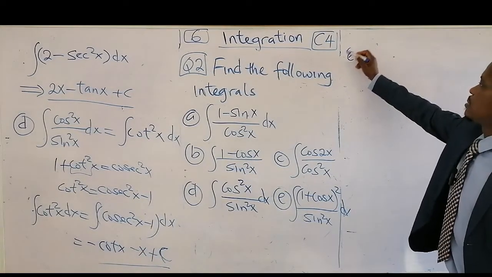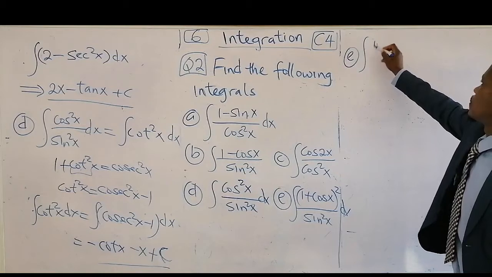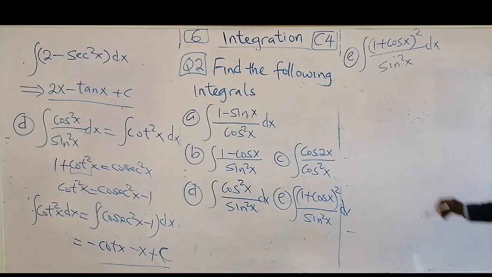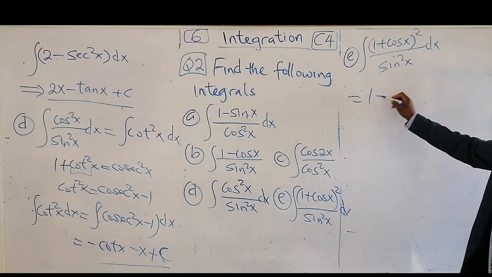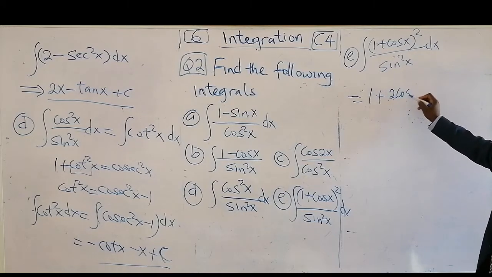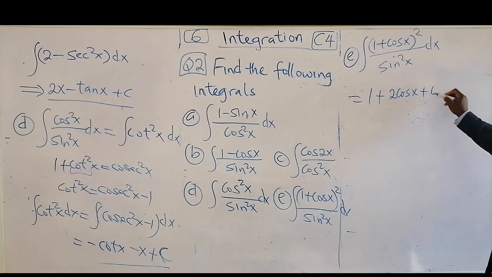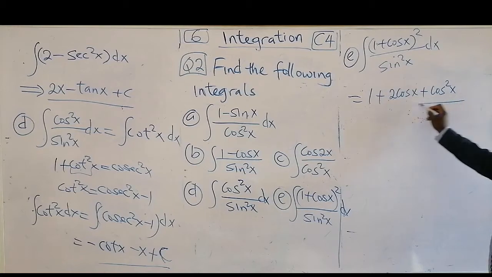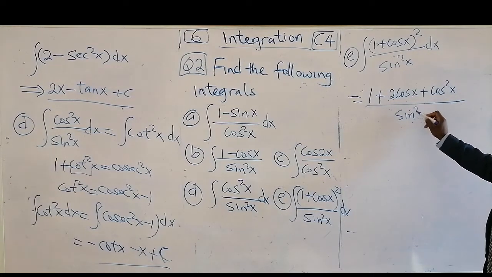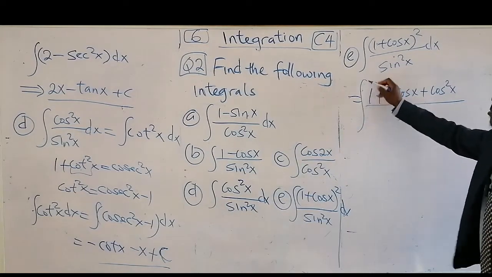So the e part. If you expand the numerator, you have 1 plus 2 cos x plus cos squared x all over sin squared x.